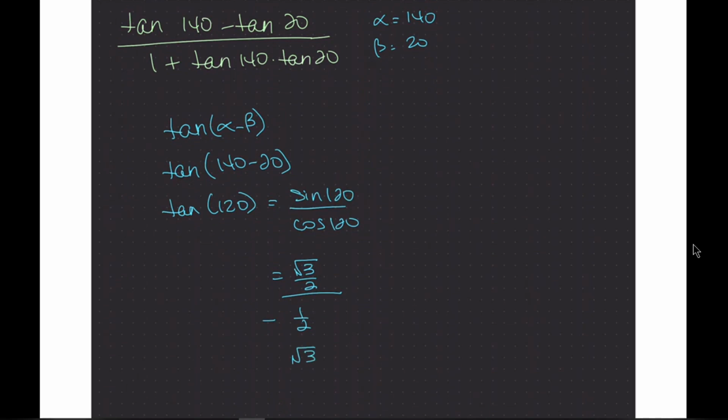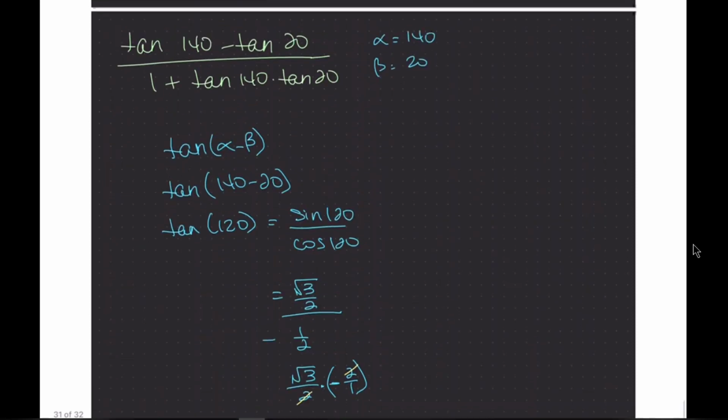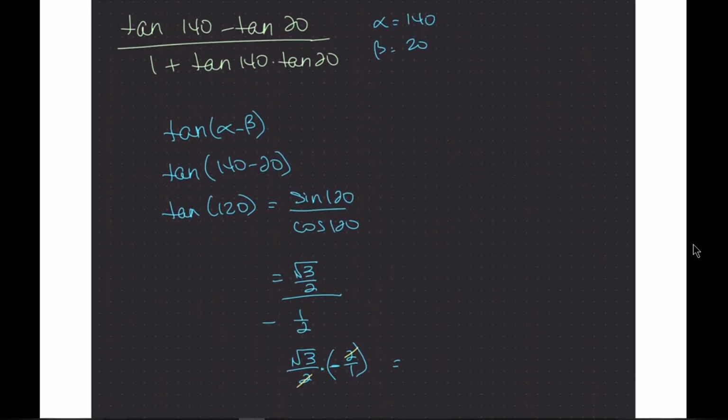So the square root of 3 over 2 times, I can throw the negative here if I want, 2 over 1. 2 over 2 is going to give me 1. And then I can simplify that down into negative square root of 3, over 1, which stays the same. So the negative square root of 3.